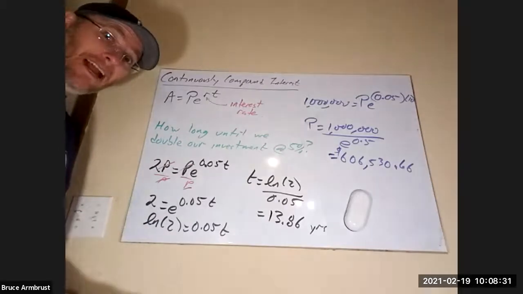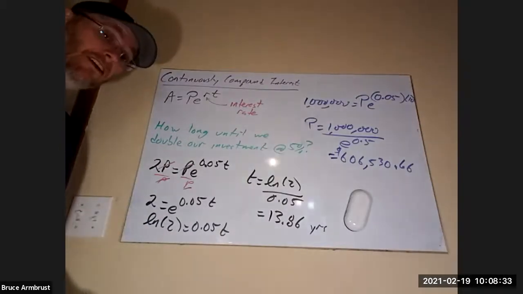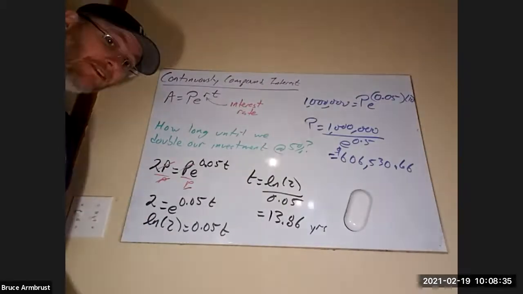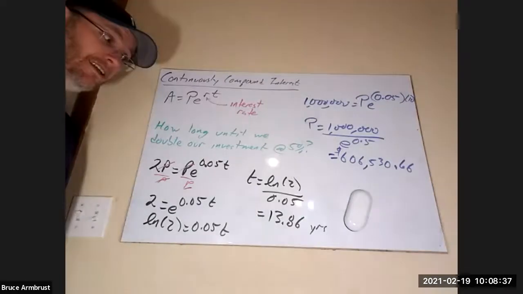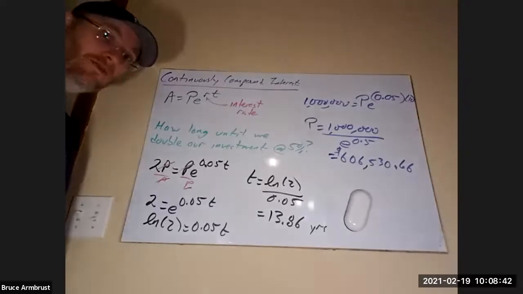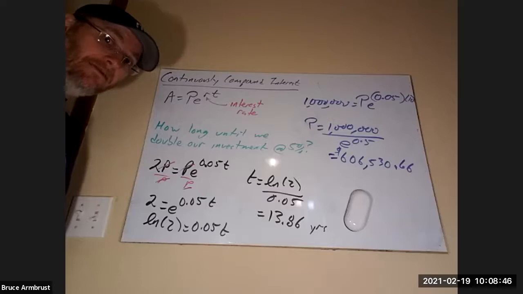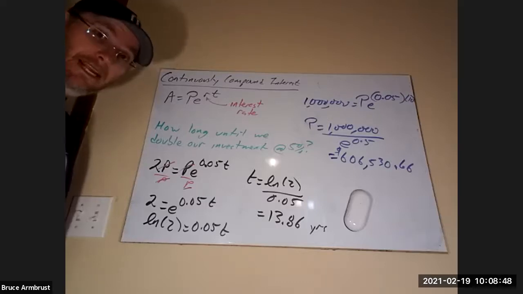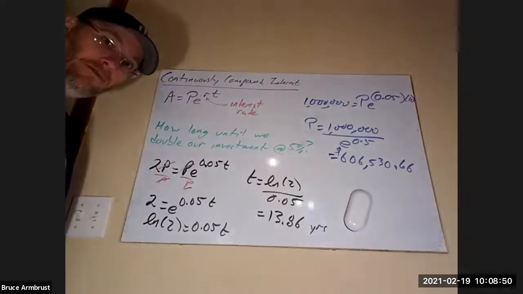And again, it doesn't matter how much we start with. So you put $1,000 into the bank, earning 5% interest. In 13.86 years, you'll be up to $2,000. If you put $1 million in there right now at 5%, in 13.86 years, you'll have $2 million.